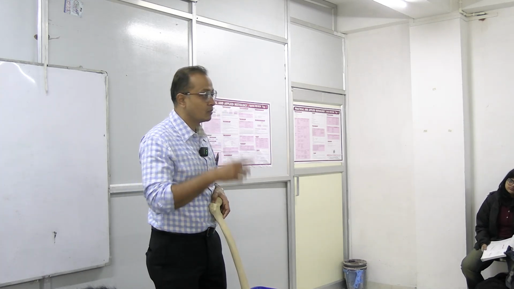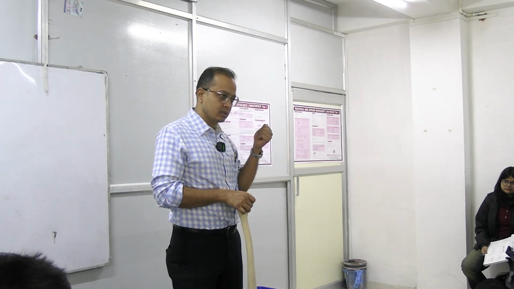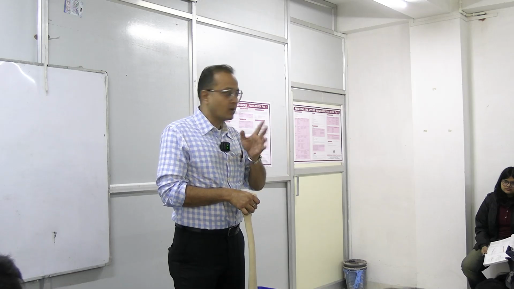Vastus medialis and lateralis are anchored on the linea aspera backside, and the anterior one, also called intermedialis, is present on the anterior shaft below this line. Clear? So, we are getting 3 sets of muscle: gluteus, adductor and vastus.